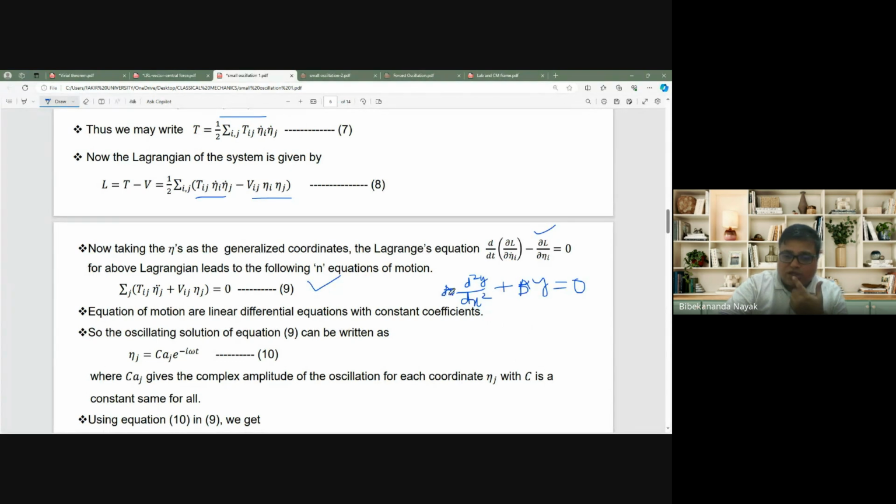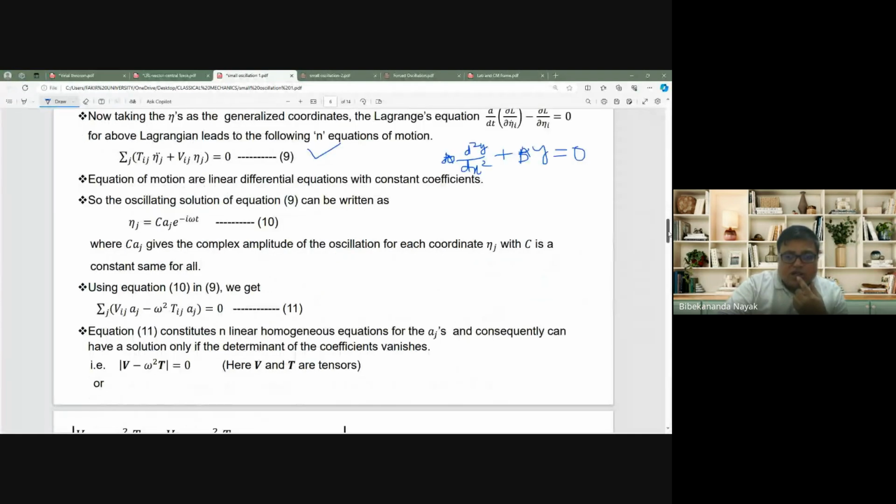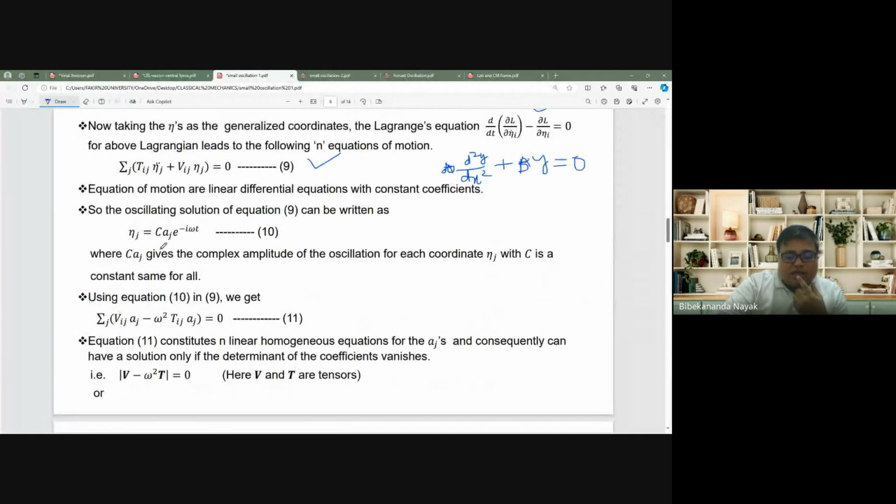Starting from the simple harmonic oscillator, we take the solution as something like sine theta, cosine theta, or combining, e to the power minus i theta or plus i theta, e to the power i something. Since there is a plus sign, you have to take minus here. So the solution of this equation is this.